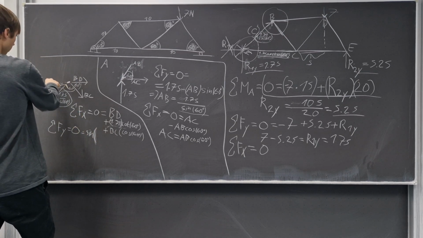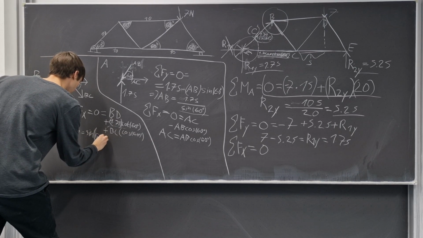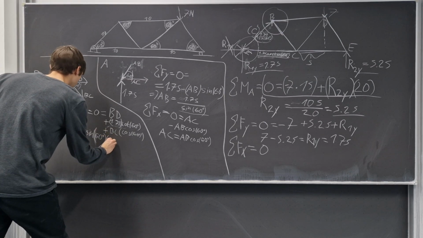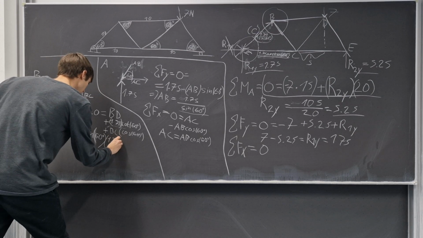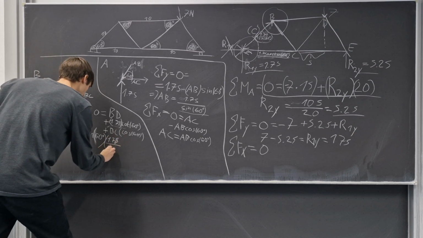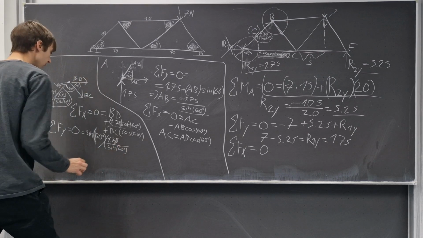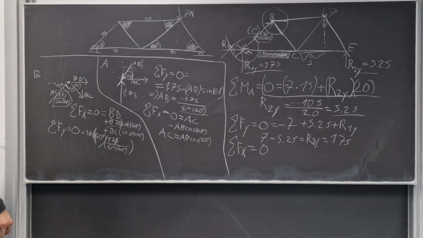Because I'm taking this angle, times AC, which is 1.75, over sine, so it will cancel out. This may be one advantage of keeping all the values unevaluated. You can simply cancel things out if they do cancel out.